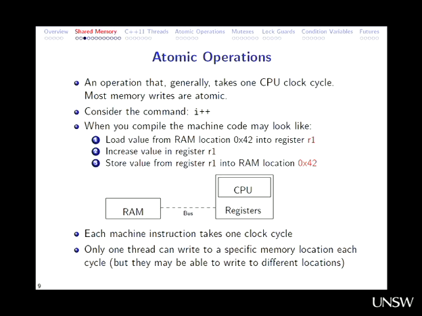That's the number of clock ticks they can do per second. High-end computers can do billions of things per second, but an atomic operation is a single clock tick. It's a singular thing that can happen at one very precise moment in time. Now, most memory writes are atomic. They might actually take more than one clock cycle, but they happen in one sequence that can't be interrupted.